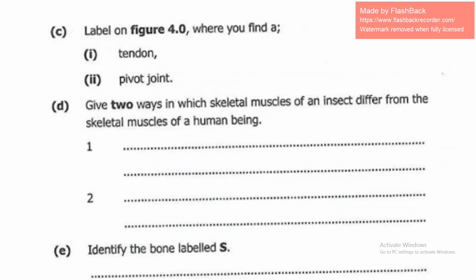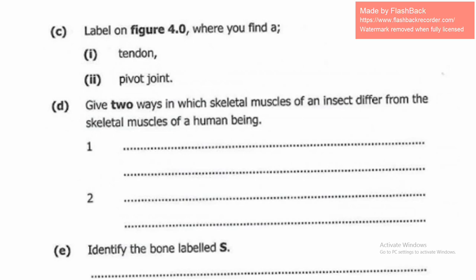You are able to move your hand back and forth because the tendon is converting the contraction of a muscle. We've said that a muscle will contract and relax. Here we're saying that contraction will be converted into movement. No wonder a tendon is connected from a bone to a muscle, and that contraction is coming from a muscle. So when a muscle contracts, a tendon will convert that contraction into movement.